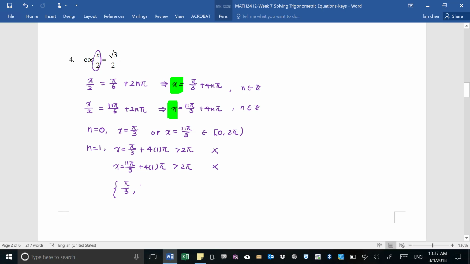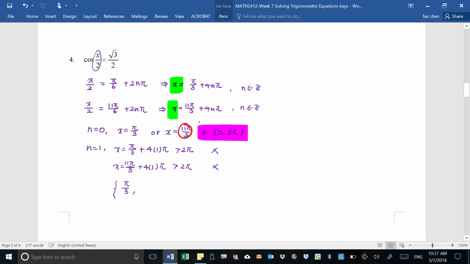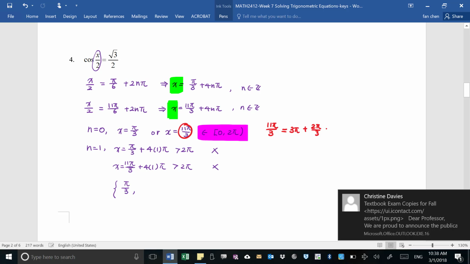And oh, hold on. I'm coming back to here again. This is not really true. I did not really pay attention to that. Because 11 pi over 3 is equal to what? Is equal to 3 pi plus 2 pi over 3, which is greater than 2 pi.